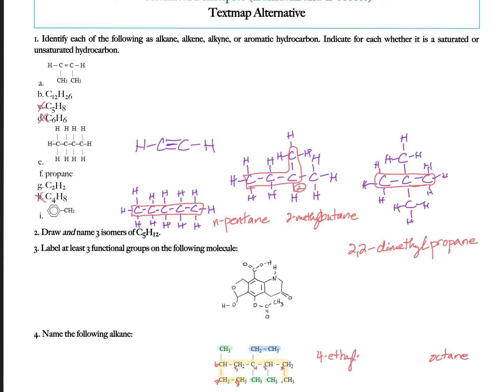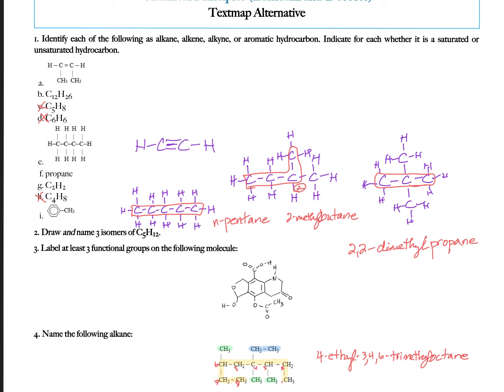Well, here I've got 3 methyls, so I'm going to use the abbreviation trimethyl to show that. But before I do that, I'm going to tell you which carbons these methyls are on, and they're on carbons 3, 4, and 6. I'll write those numbers, separated by commas. And so there you have it. There's the whole name of this long chain of carbons.